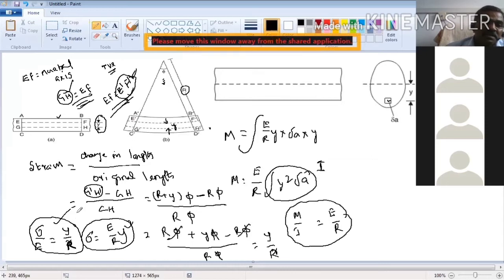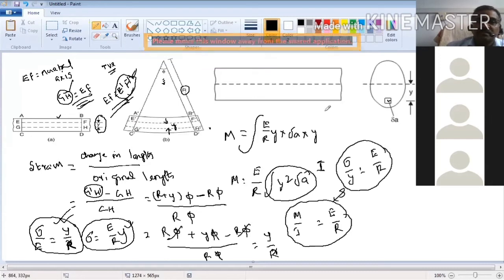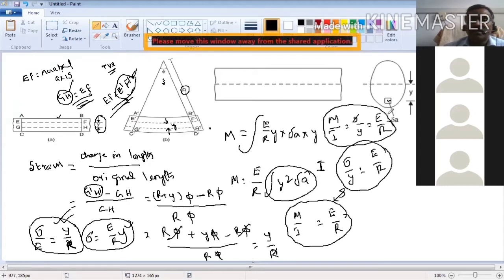You have one more relation. This relation also you can write in terms of E by R. That is sigma by Y is equal to E by R. Now if you combine these two equations, you can write M by I is equal to sigma by Y is equal to E by R. This equation is known as the bending equation.